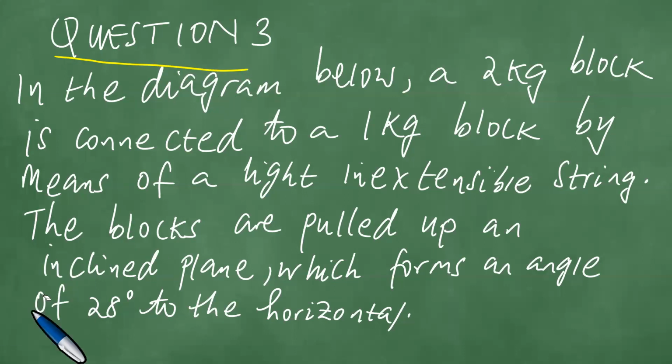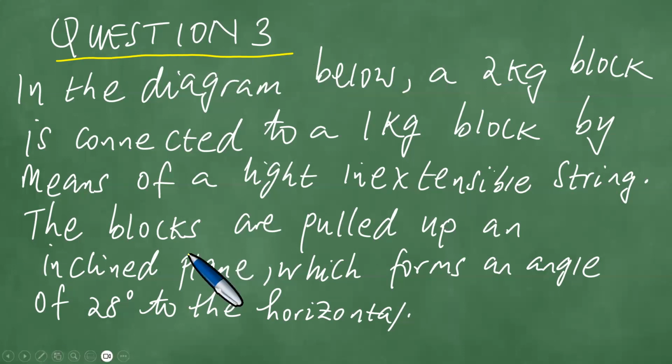Looking at this particular question, there are a couple of things you need to consider. Let us try to analyze these. We're saying in the diagram below, a 2 kilogram block is connected to a 1 kilogram block by means of a light inextensible string, the blocks are pulled up an inclined plane, which forms an angle of 28 degrees to the horizontal.